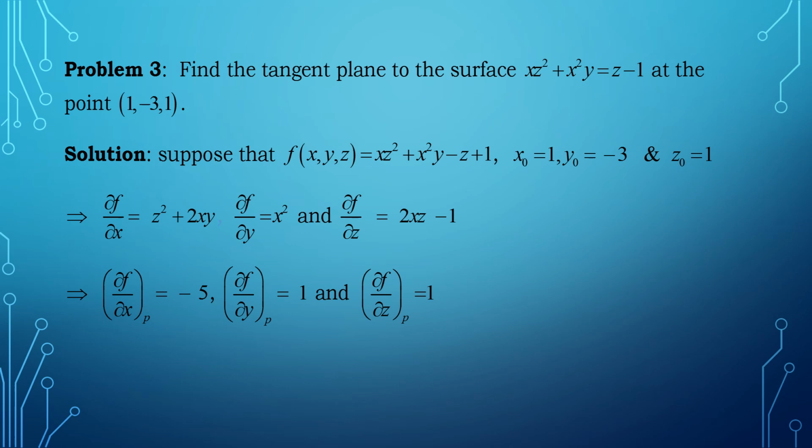Dou f by dou x at P equals minus 5, dou f by dou y at P equals plus 1 and dou f by dou z at P equals 1. Here in this case we get these values by substituting x equals 1, y equals minus 3 and z equals 1 in the partial derivatives of f.